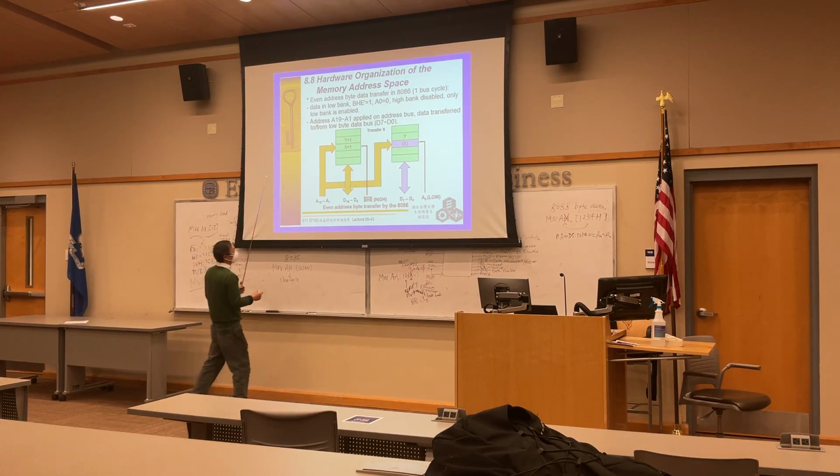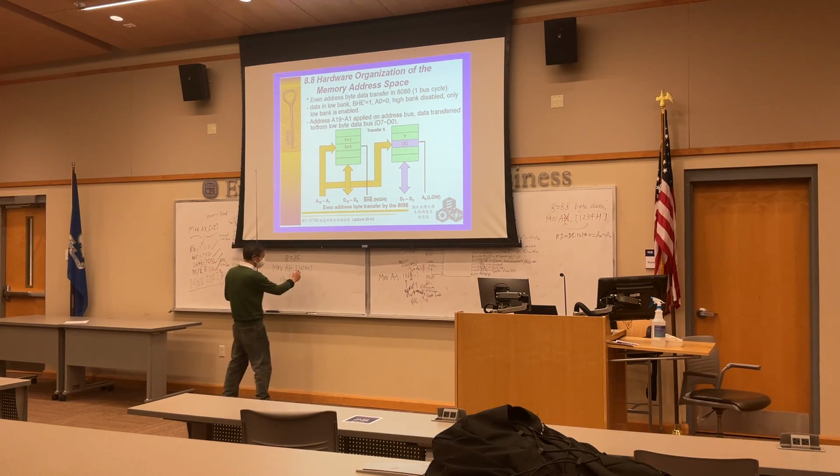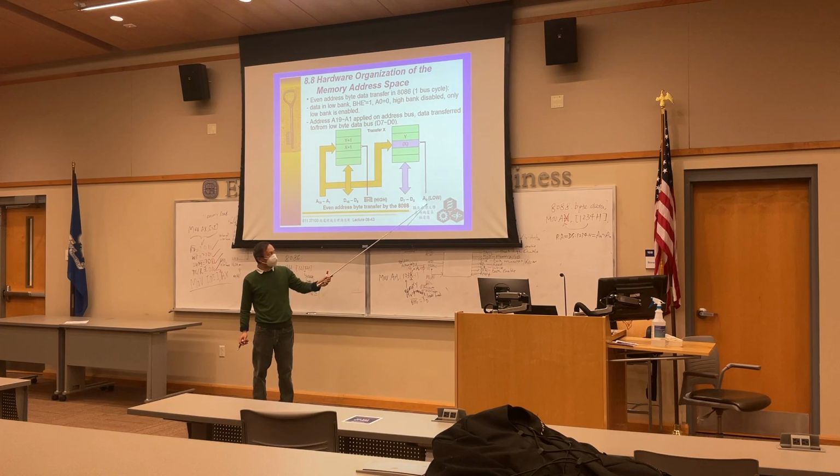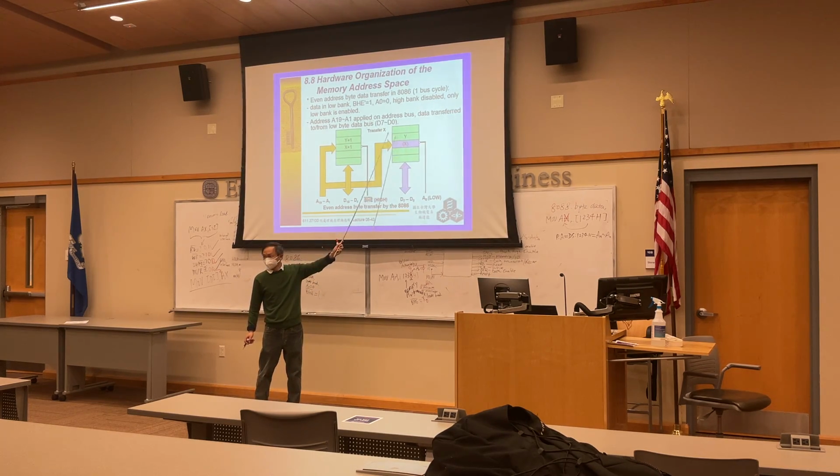However, if it is an even address, the data is in the lower bank. A0 is 0, and Bank High Enable bar should be set to 1 because your data is in the lower bank. With A0 low, you can enable it.